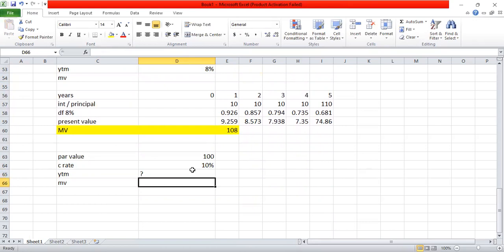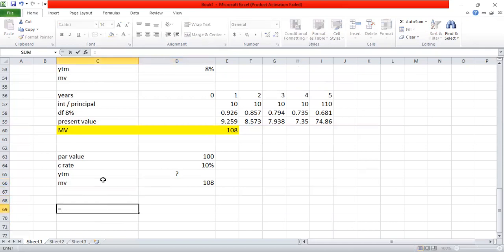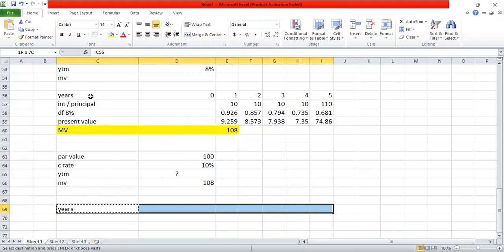Examiner is asking what is the YTM. Market value is given to you, for example, in the question that is 108. So guys, remember, we have studied already. You will apply the IRR method.